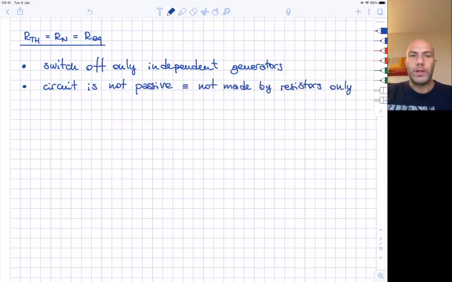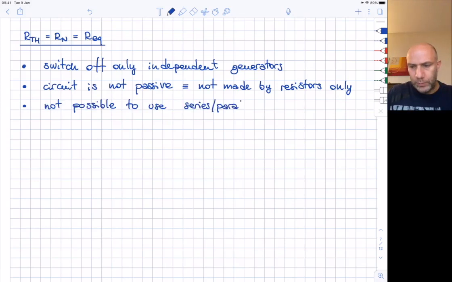And if we are in this condition, it's impossible to calculate the equivalent resistance by applying series and parallel connection or star to delta transformations in case we don't see any series or parallel connections. So the only possibility here is to calculate the equivalent resistance as the ratio between a voltage and a current.